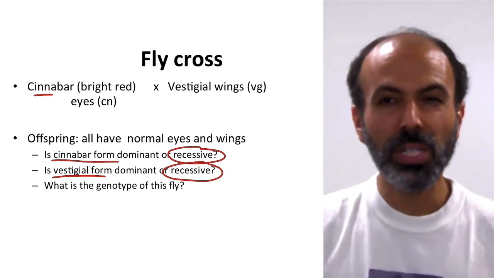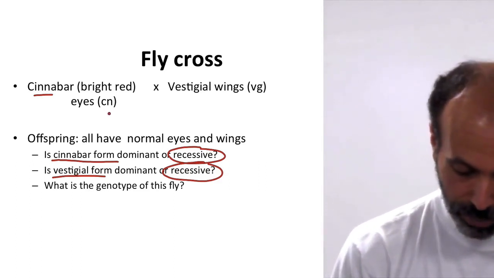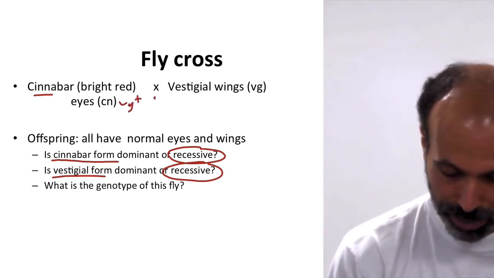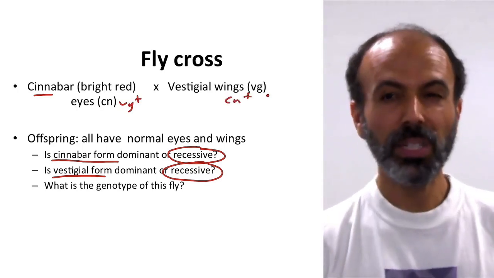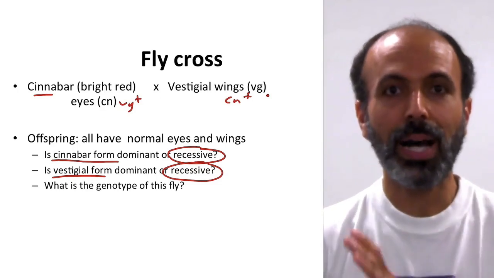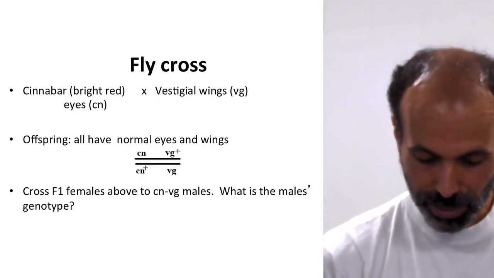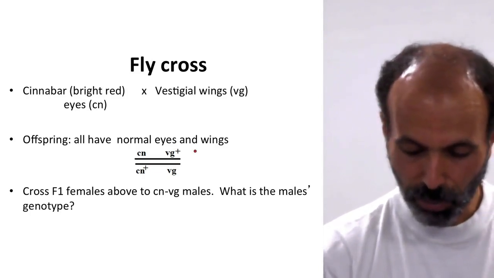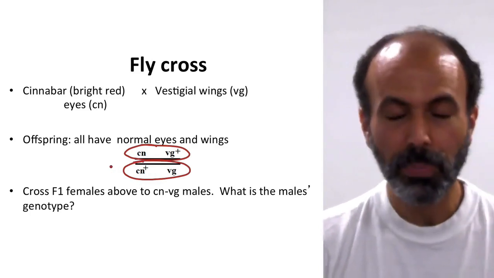So what would be the genotype of this fly? Remember we said that this one over here was starting off with CN VG+, this one was CN+ VG. Well, the genotype for this fly, when we're looking at the combination of alleles it has, would be something like this, where it has the CN VG+ from one parent, and it has the CN+ VG from the other parent.